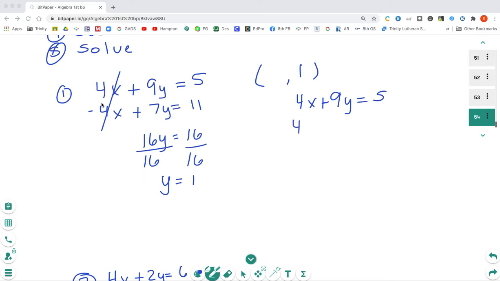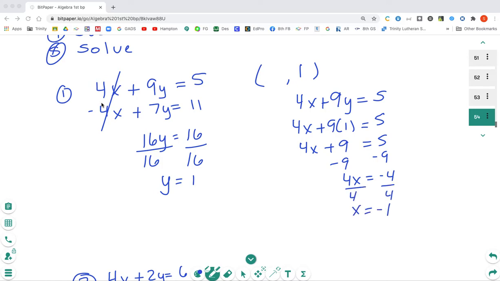So 4x plus 9 times 1 is equal to 5. 4x plus 9 is equal to 5. I'm going to zero pair out the 9. 4x is equal to negative 4. Divide by 4, divide by 4. X is equal to negative 1.